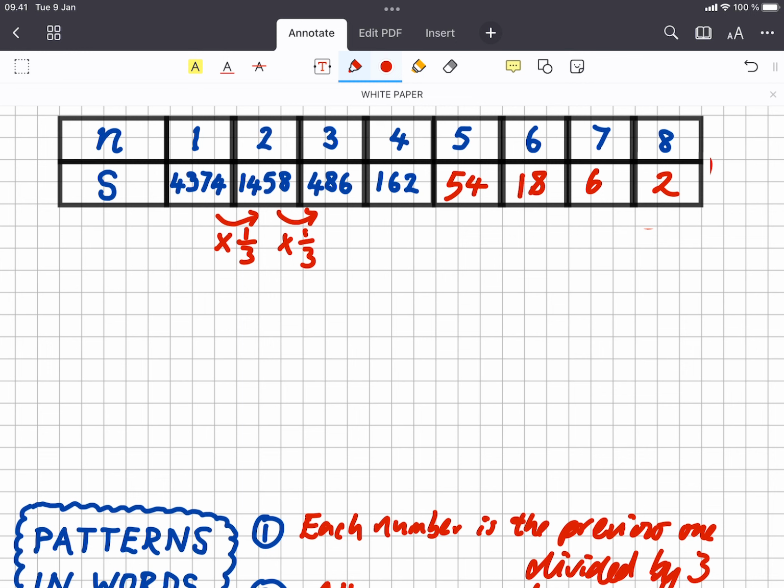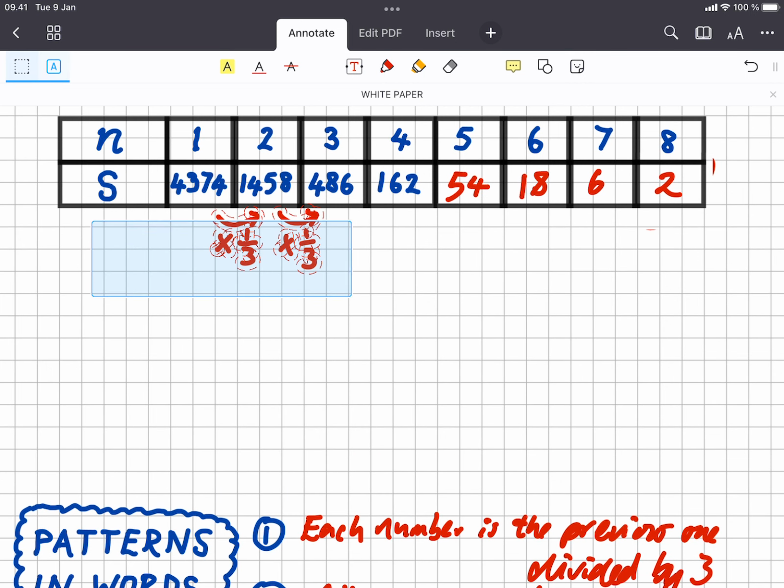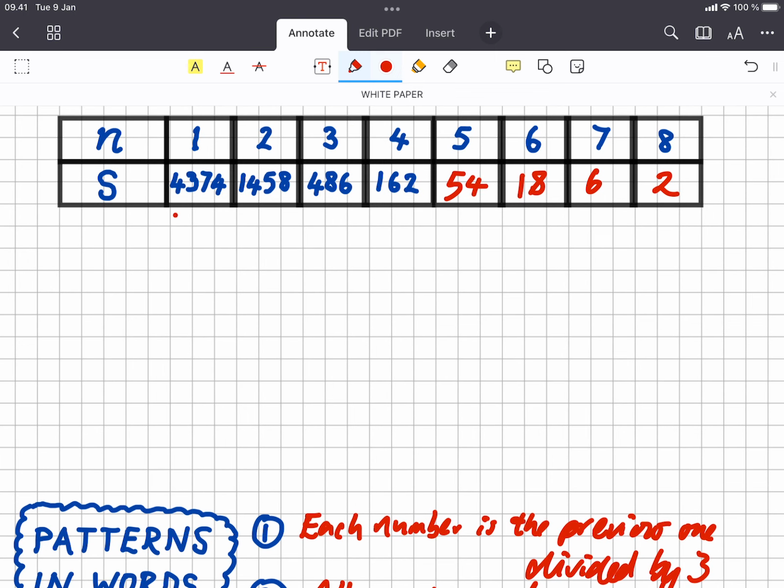So anyway, let's go about trying to find an algebraic rule for this. Well, let's just get rid of this. So the first term is 4,374. The second term is 4,374 times a third.